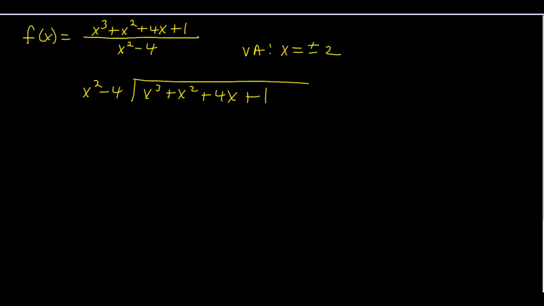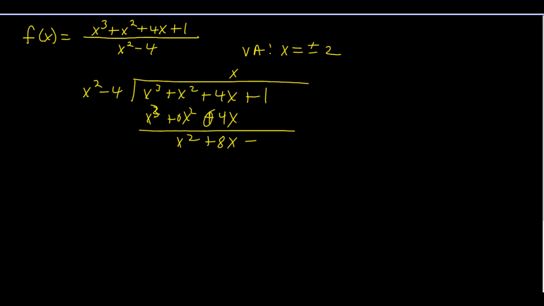x squared goes into x cubed x times. When I multiply, I get x cubed. I don't have an x squared term, so I'm going to put in 0x squared just to fill it, and x times negative 4 is negative 4x. And so I get x cubed plus 0x squared minus 4x.